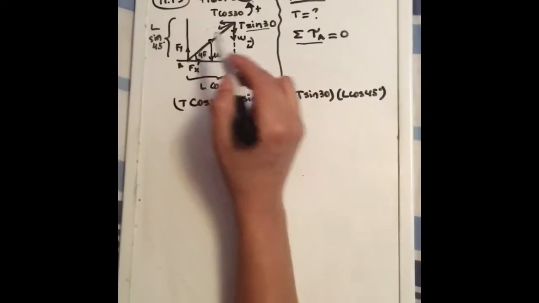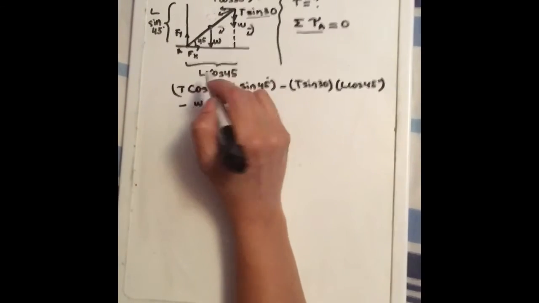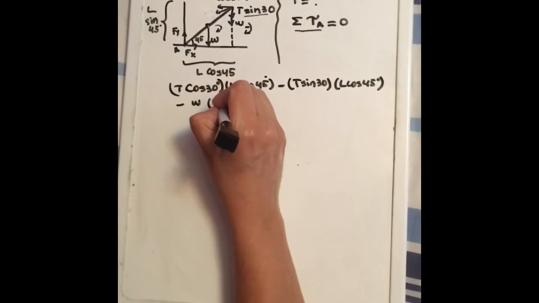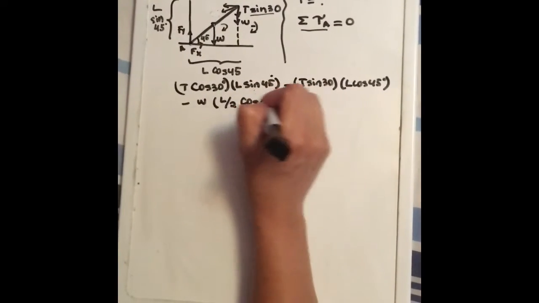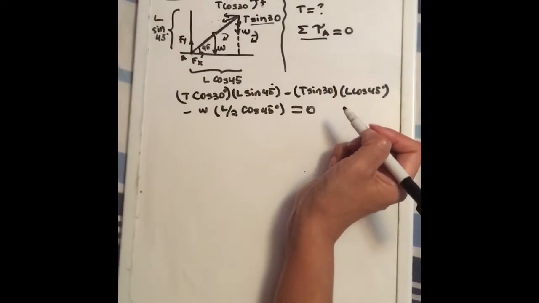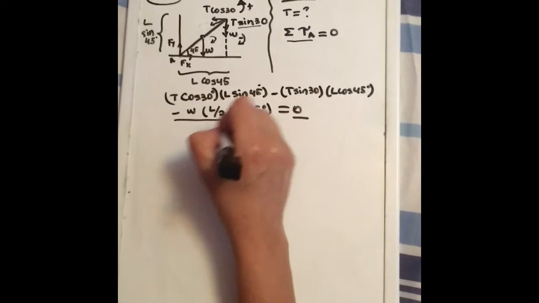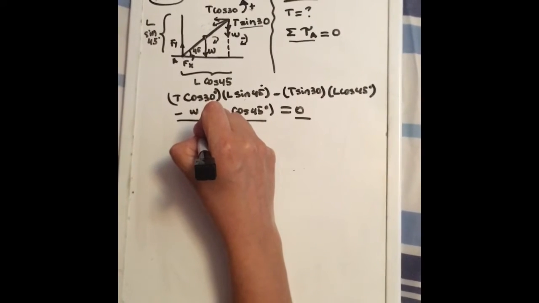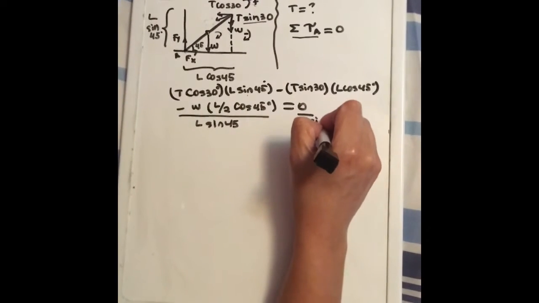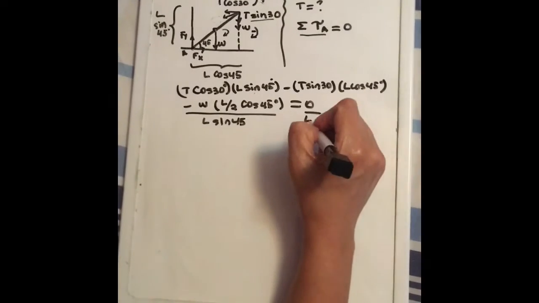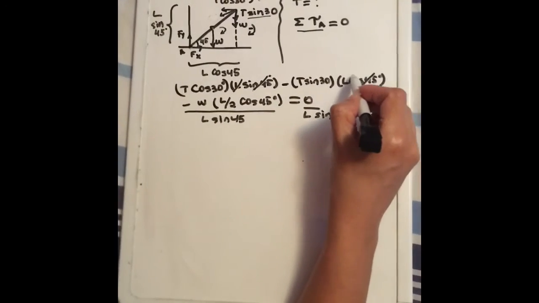It's in the negative direction, so we go minus W, and the distance is half of this, so times L half cosine of 45 degrees, and all of this together is equal to 0. What we can do over here is divide both sides of the equation by L and sine of 45, which is the same as cosine of 45 because they're equal. So we cancel out all the L's and the sine of 45 and the cosine of 45 as well.